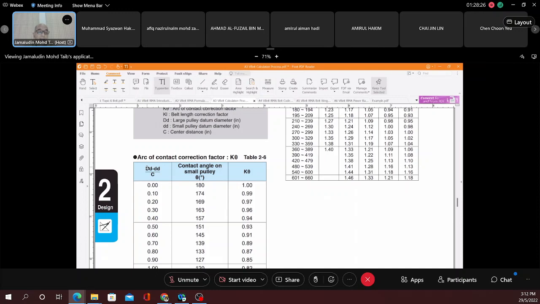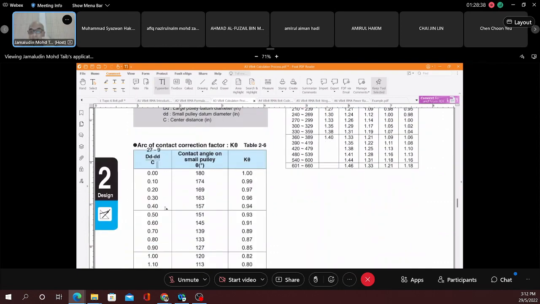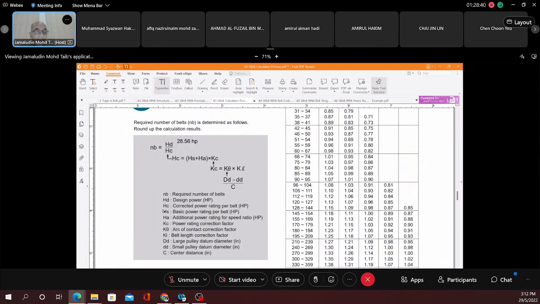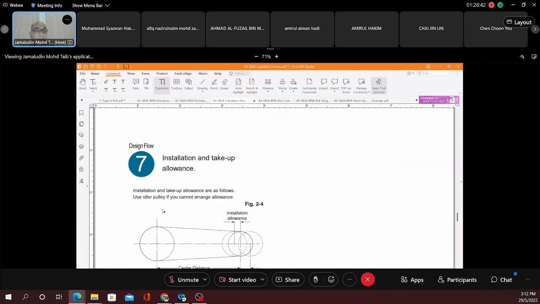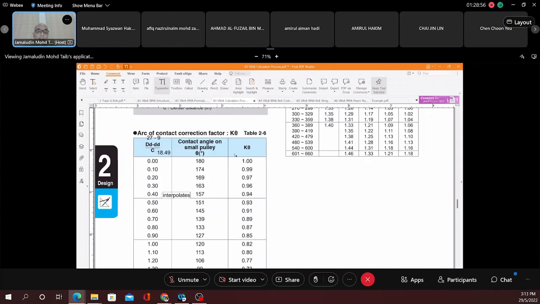D minus d, remember yours is going to be 27 minus 9, divided by the new C, which is 18.49. In between you have to interpolate. Let's say you have a value of 0.32. That means you have to interpolate to get the value of K_theta here. This is the value that we are interested in.